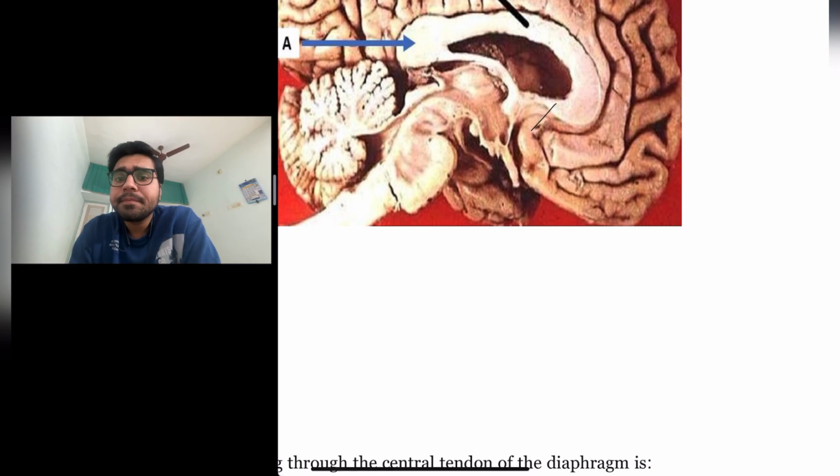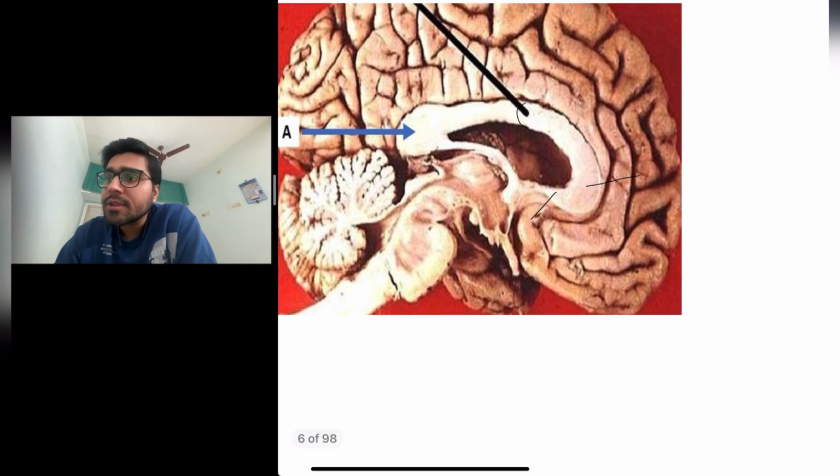This one is the rostrum of corpus callosum. This one is the genu. The third part is the body of corpus callosum.